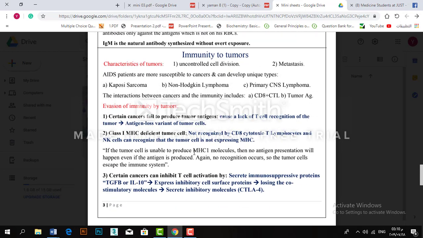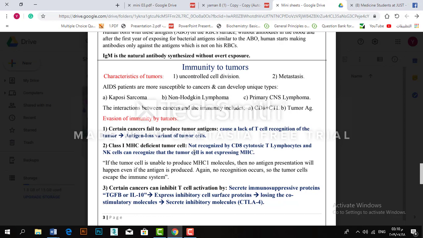Now, immunity to tumors. Okay, how our immune system can deal with tumor cells or cancer cells. First of all, we should know the characteristics of tumor cells. First of all, uncontrolled cell division. Then metastasis. What does metastasis mean? It can spread or move from one tissue to another.